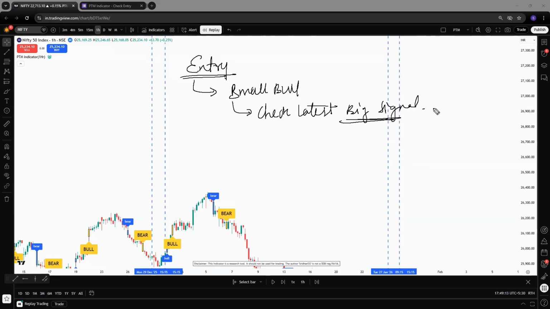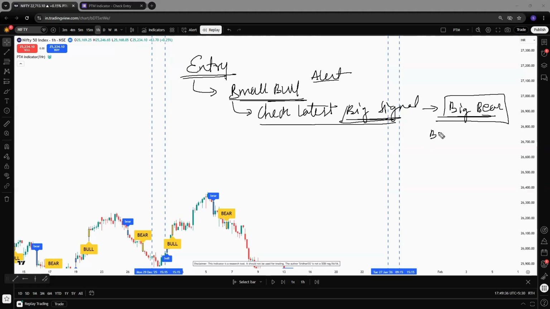This big signal has to be big bear. Do you understand the difference now? I got the alert, the small signal. I open the chart and check the latest big signal, the latest yellow color signal. It has to be big bear. Only then can I trigger my bullish setup.